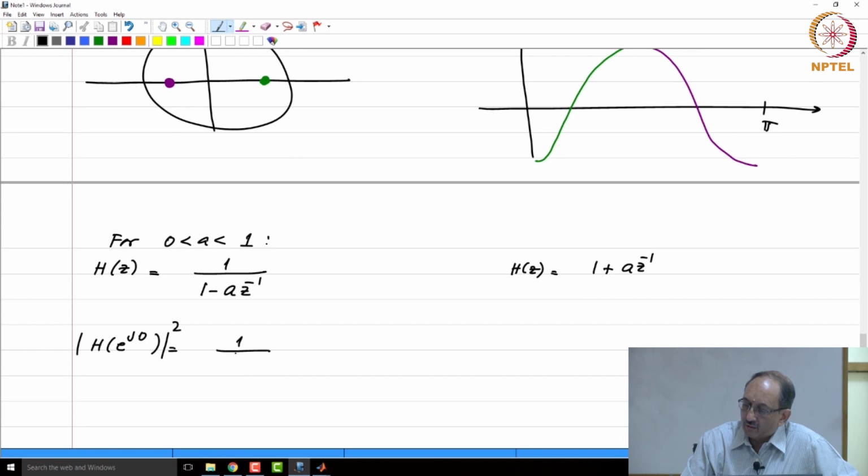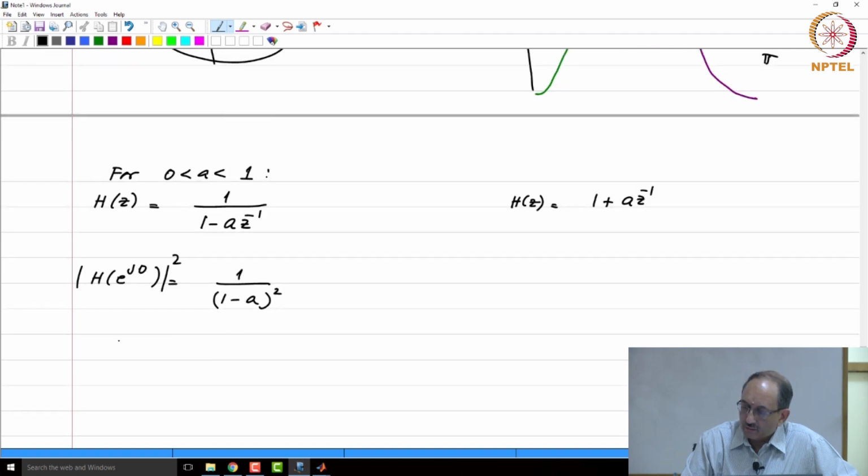So, this will be 1 by 1 minus a whole squared, omega equal to 0 corresponds to z equal to 1, and if a equal to 0.9, then maximum gain is 100 and this is 20 dB.